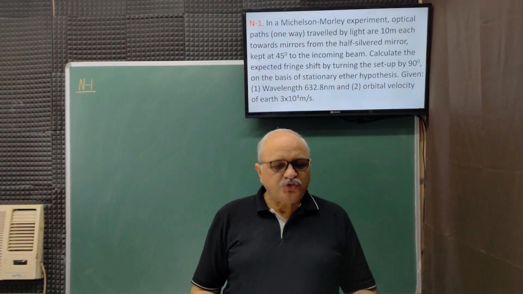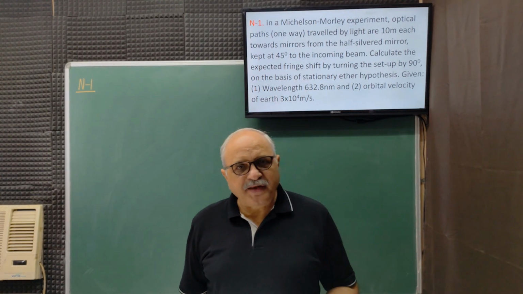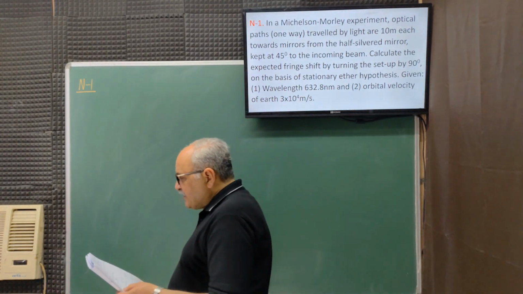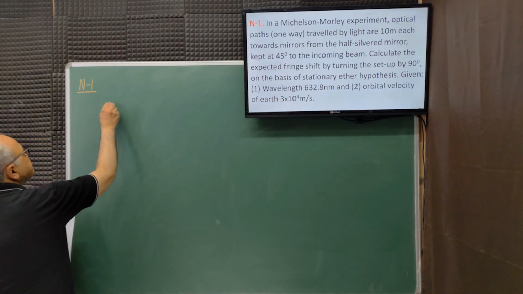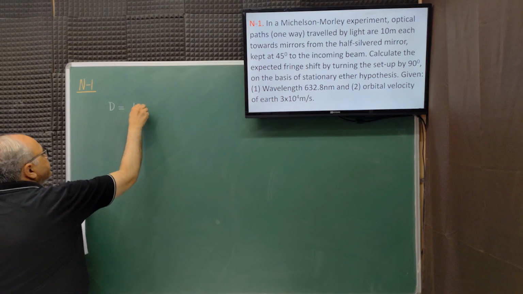So let's take the first numerical. This numerical is on the Michelson-Morley experiment, and what is given to us is the distance d, which equals 10 meter.